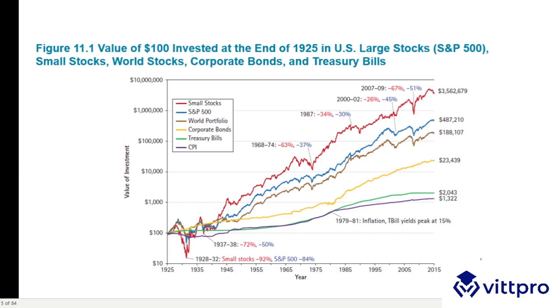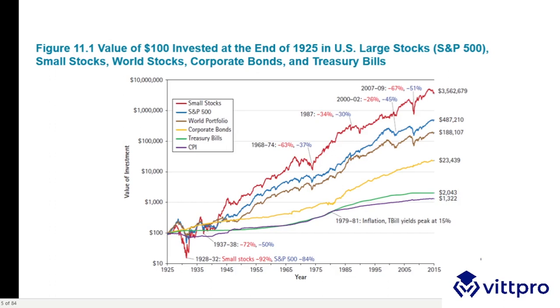So it's a slightly higher return. Then you have the S&P 500, which is slightly higher than the world index, because these 500 companies are not the entire world, right? There are certain other companies which are excluded from the S&P 500, but the S&P 500 is made up of various industries and various companies of different sizes, so the risk is minimum. But since the risk is minimum, the returns are also minimum.